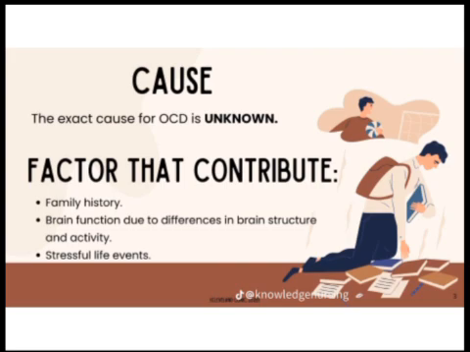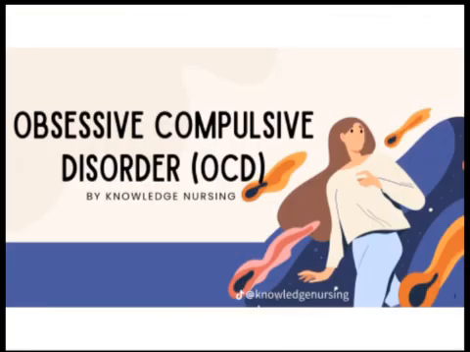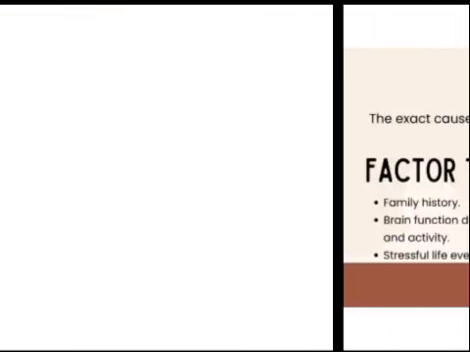Each individual has his or her own functioning of the brain, which means that differences in brain structure and activity may contribute to an individual suffering from the disorder we are talking about, which is obsessive compulsive disorder.